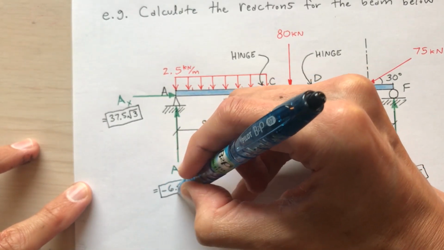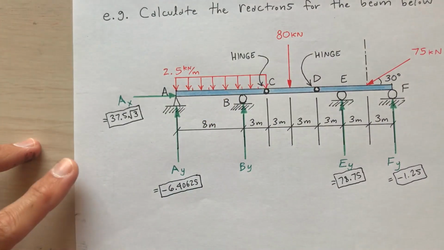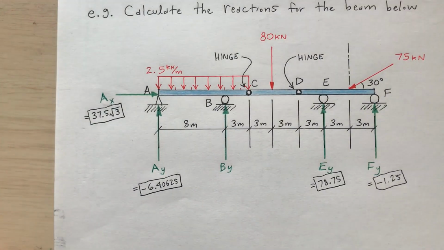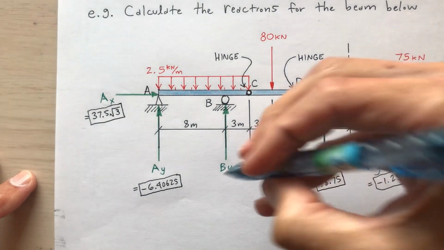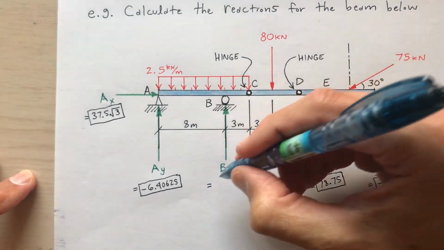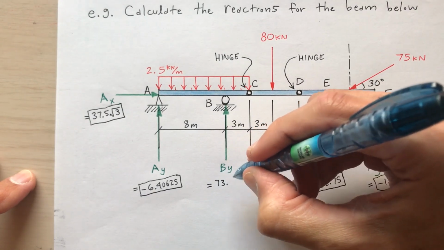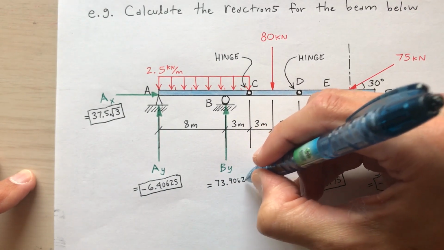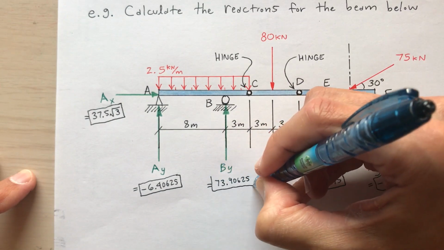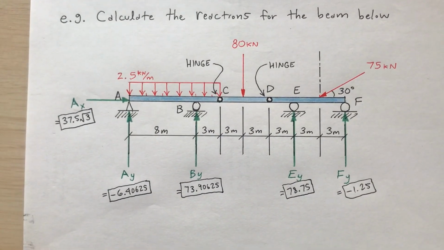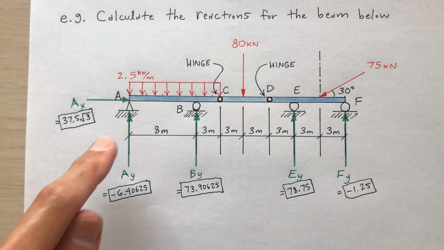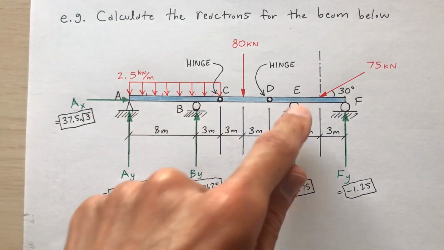If I'm going too fast, you realize that you can pause the video. You can pause it, you can rewind it, but you just can't ask questions in real time. B sub y is 73.90625. Okay. So I have all the reactions at A, at B, at E, and at F.